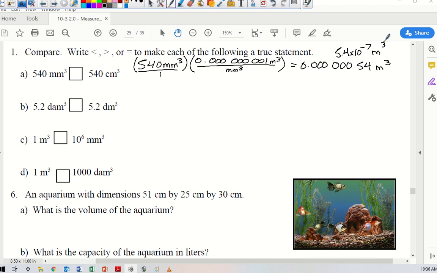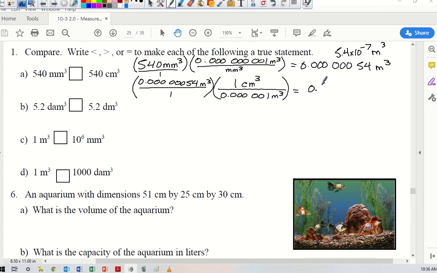And then you would convert the cubic meters into cubic centimeters. So 0.00000054 meters cubed. And I'm told from my formula sheet that 1 centimeter cubed over 0.000001 cubic meters would give us 0.54 centimeters cubed.